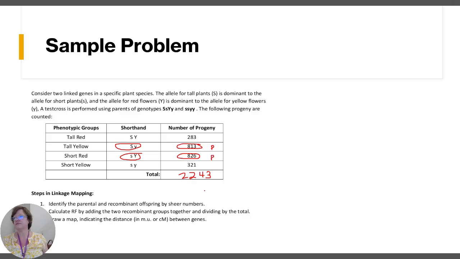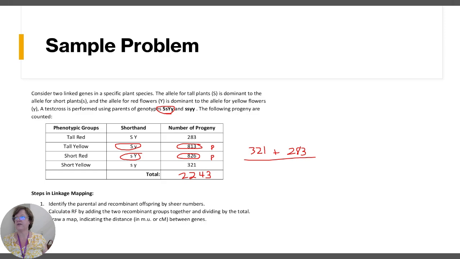And then the recombinants are the other two groups. So the 321, that number of offspring, and the 283, those offspring have chromosomes that resulted from a recombination originally in meiosis, in the double heterozygous parent. And so you add those together.